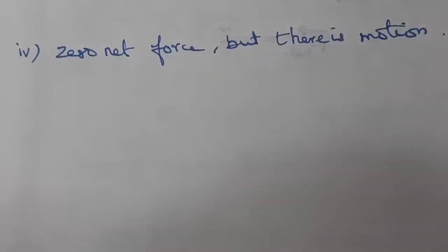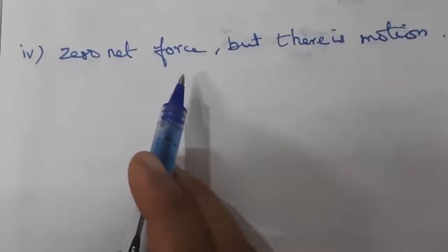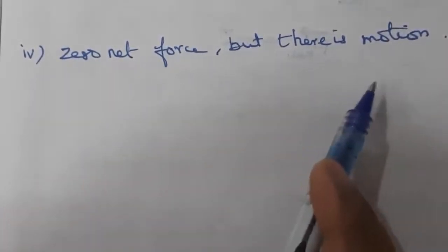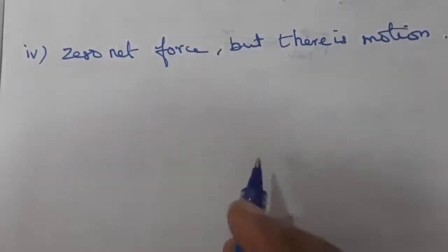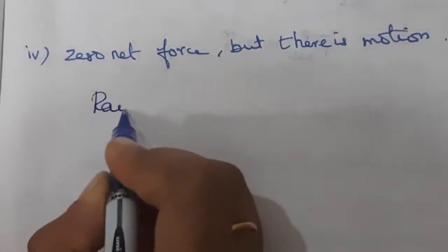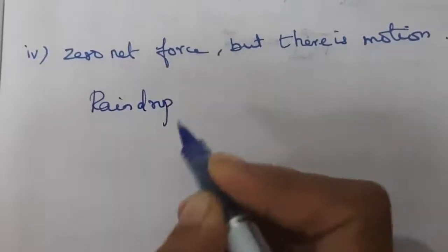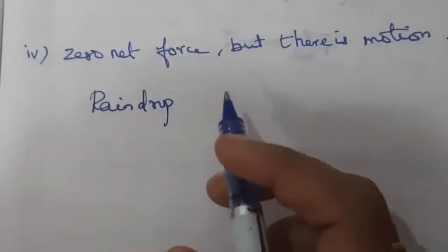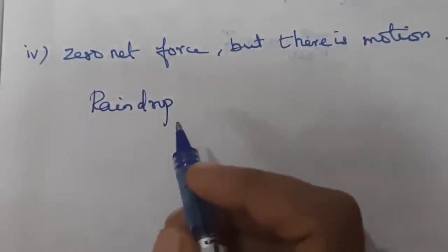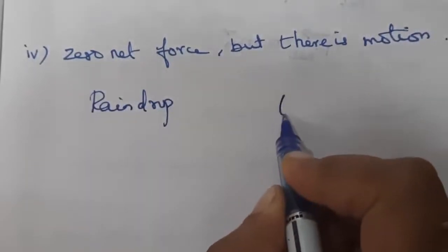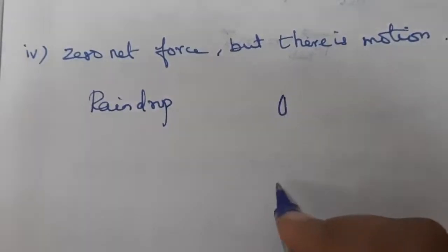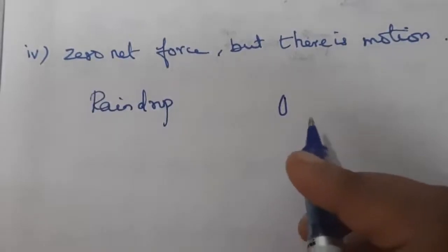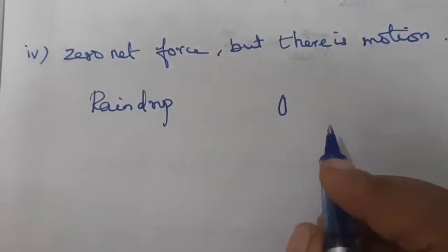Case 4. Zero net force, but there is motion. Consider the raindrop, this raindrop coming from the cloud. It experiences two forces.